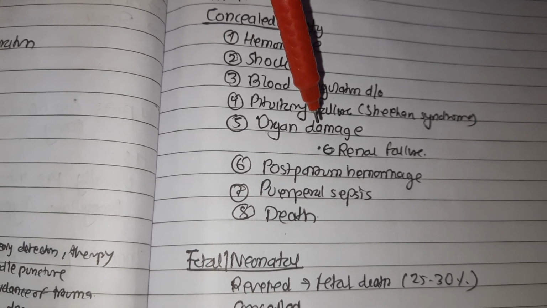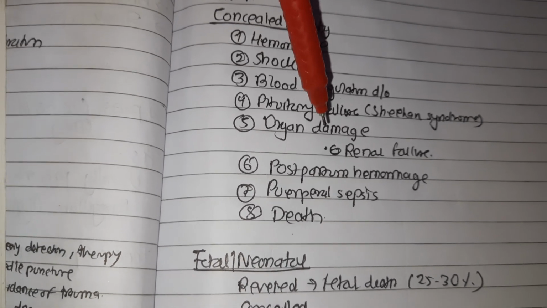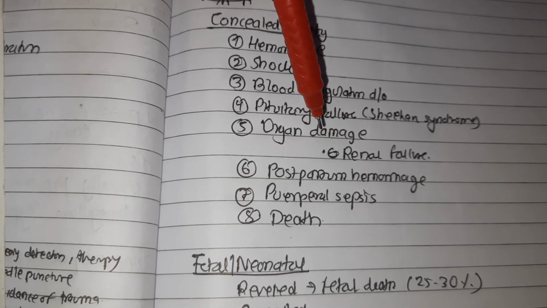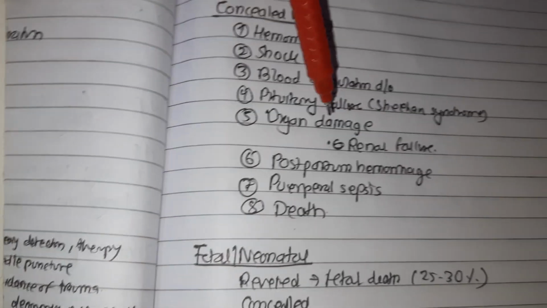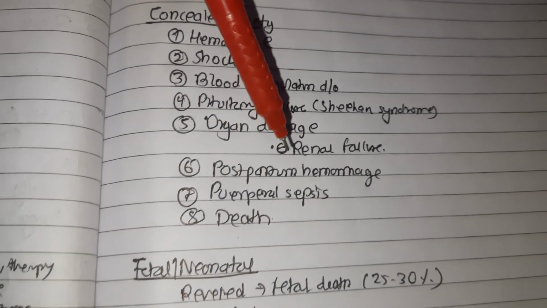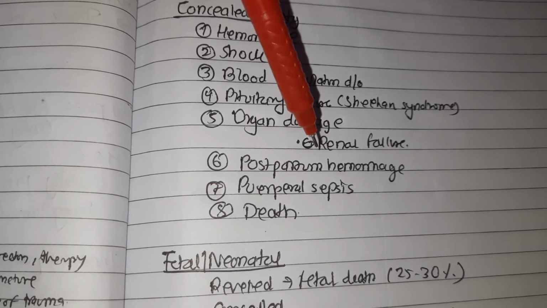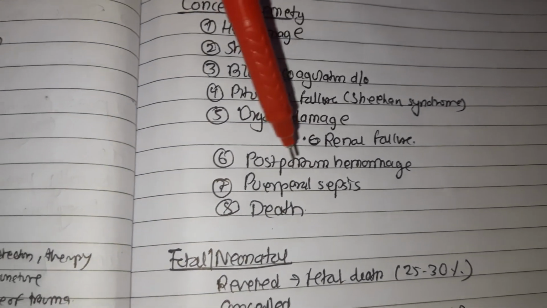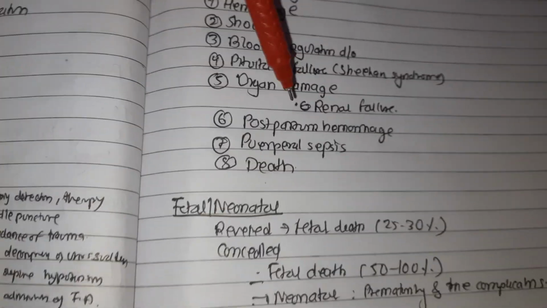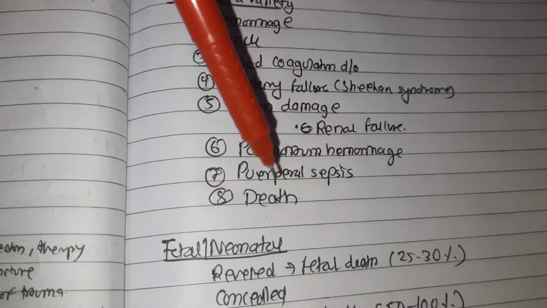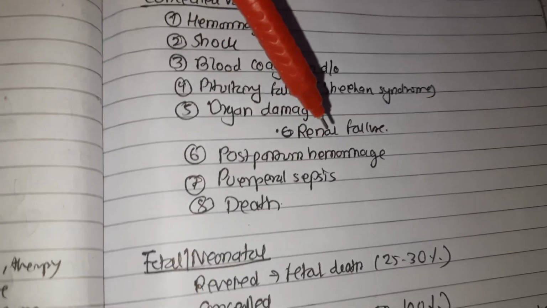Serotonin liberated from damaged uterine muscle produces renal ischemia and acute tubular necrosis, and in very severe cases, cortical necrosis and renal failure. And postpartum hemorrhage can occur due to atony of the uterus and increased serum fibrinogen degradation products. And puerperal sepsis might be there, and there might be death also.